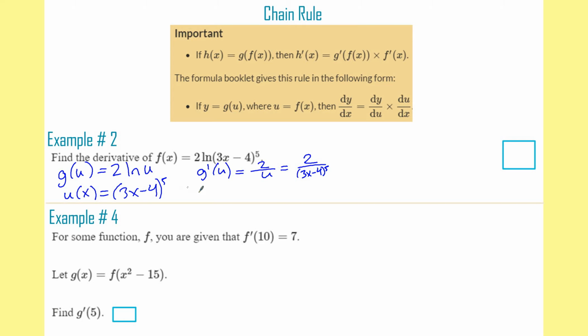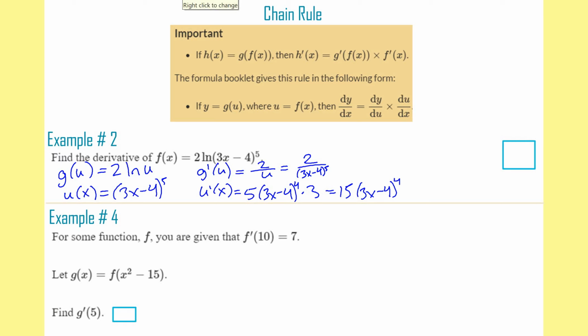Then u of x, let's do the derivative of that. Okay, that's just 5 times 3x minus 4 to the 4th. And then we multiply it by that k value because we're multiplying, right? So that just gets us 15 times 3x minus 4 to the 4th.